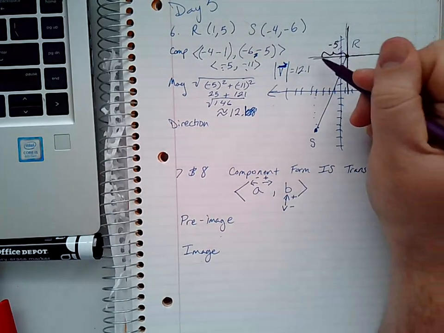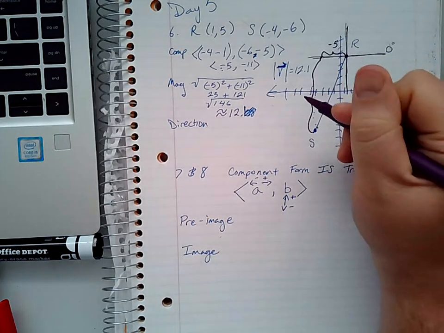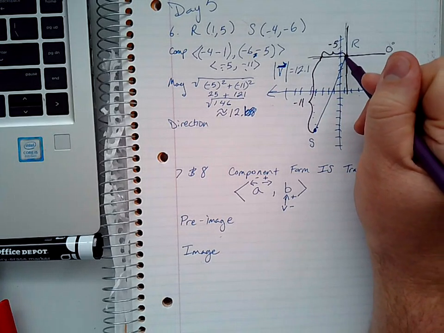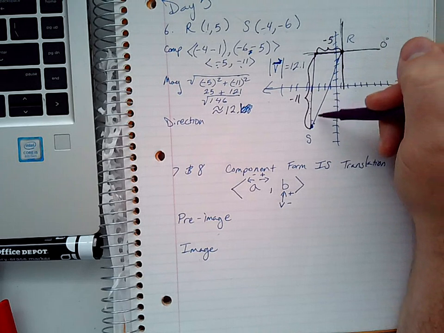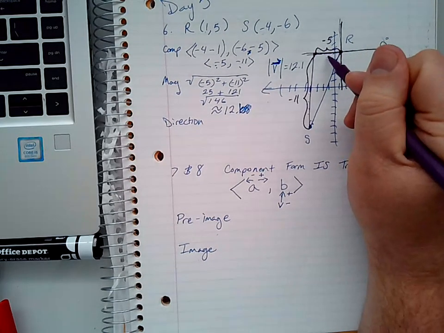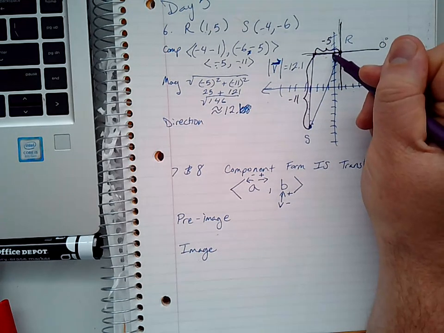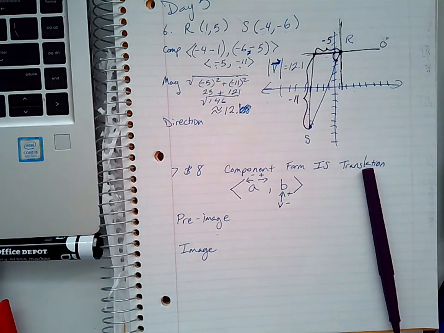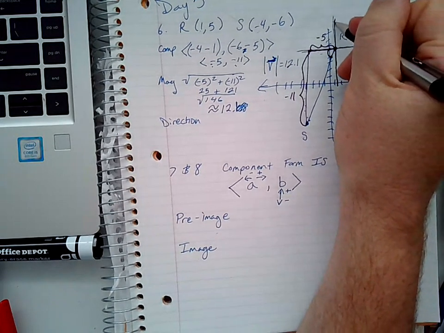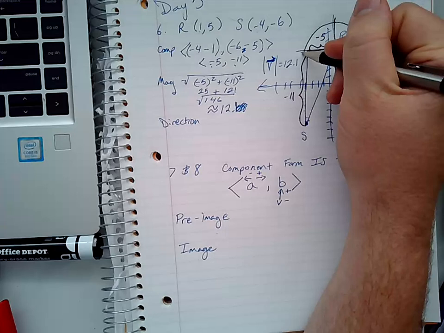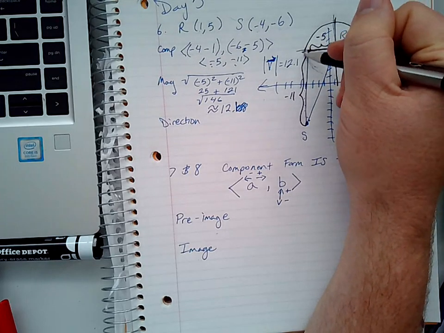And we know that our B value is negative 11. So if you imagine this as one giant right triangle, we know that this side is negative 5 and this side is negative 11. So we need to find this degree measure, and we're going to add it to the 180 degrees that occurs here, adding that to find the completed direction.